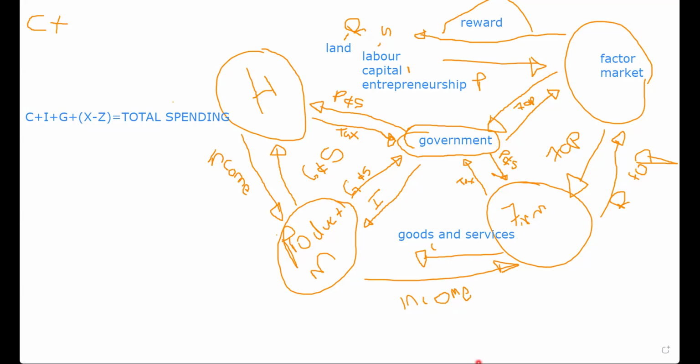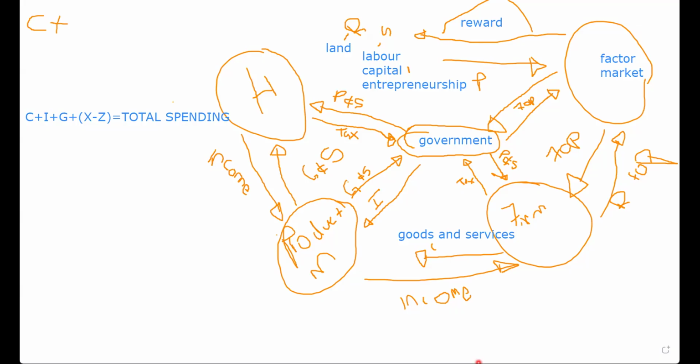To give an example, labor that could be purchased by the government could be the teachers that work in public schools and the doctors that work in public hospitals. Yeah, that's an example.